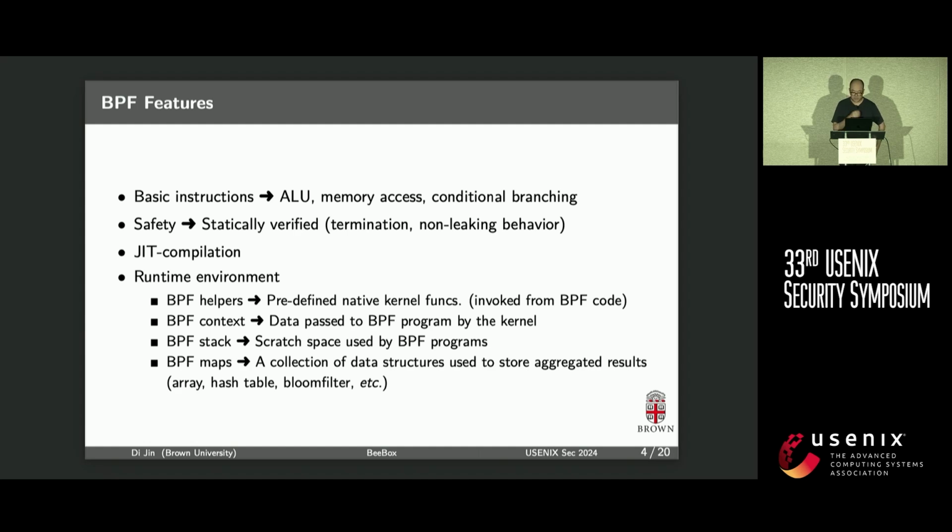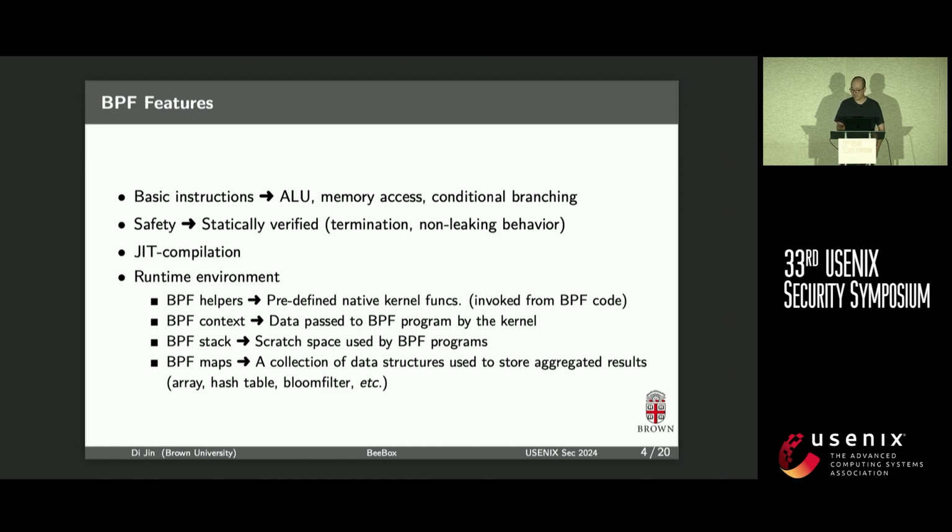The safety of such a BPF program composed of BPF instructions is statically verified when the BPF program is loaded into the kernel. The verifier tries to make sure that this program always terminates and does not access unintended memory. For runtime performance, BPF programs nowadays are usually JIT compiled to run.